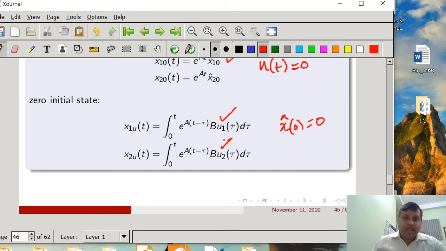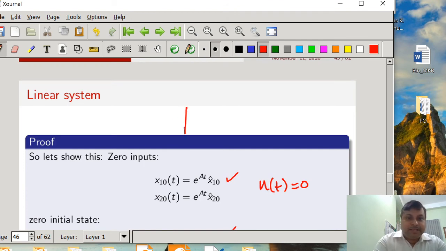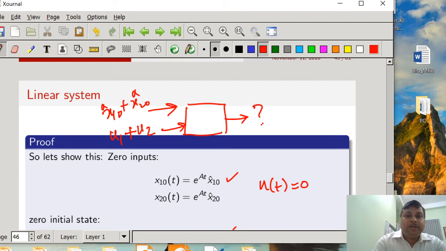Now if the system is excited by x01 hat plus x02 hat and by u1 plus u2, what will be the system response?